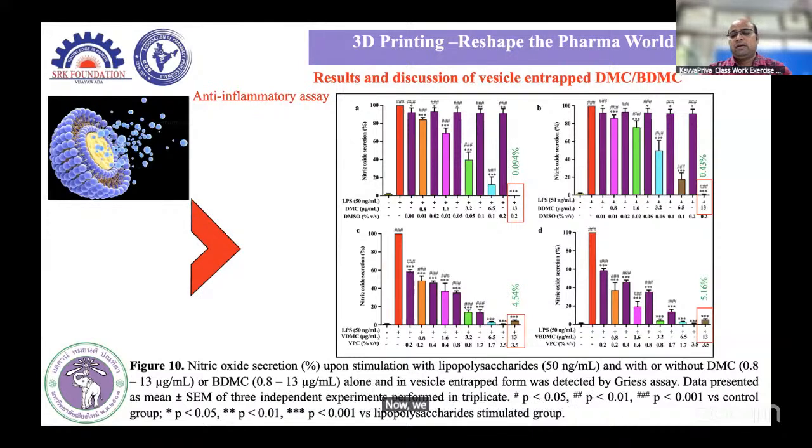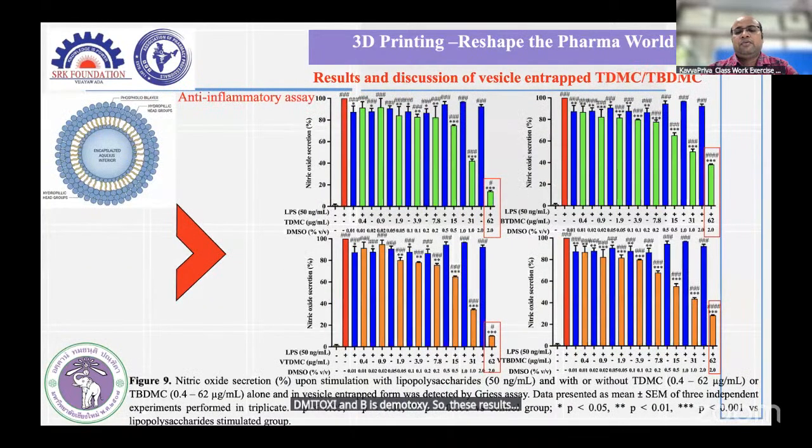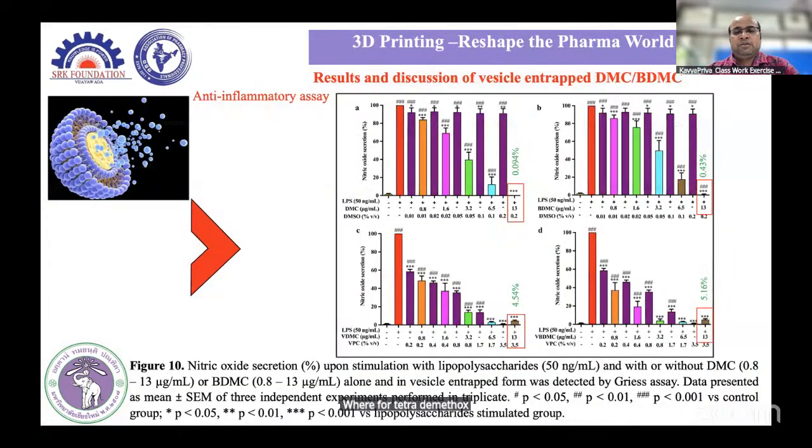Now we will compare those two results with further studies done for dimethoxy and bis dimethoxy. These results were for tetra dimethoxy and tetra bis dimethoxy, and we will see how the other two metabolites operate. When it comes to reduction in inflammation, at 13 microgram raw dimethoxy was effective, and when it comes to vesicular entrapped, the dose has been reduced, but the effective dose we took as 13 only.